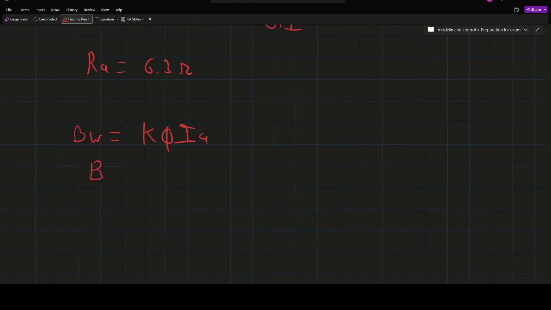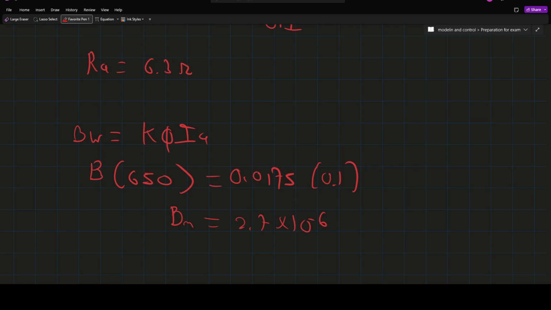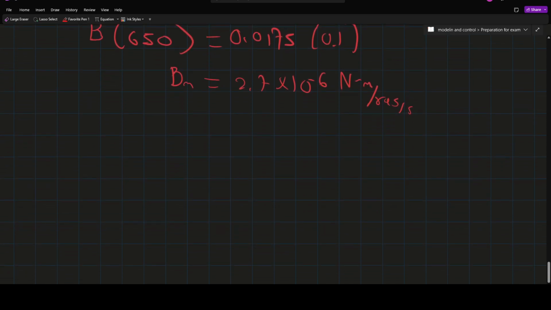So we have our friction coefficient times our omega, that is 650, equals our K phi that we figured out before, times our current that is given. And from here we can say that our friction coefficient is just 2.7 times 10 to the minus 6 Newton meters over radians per second. Okay.